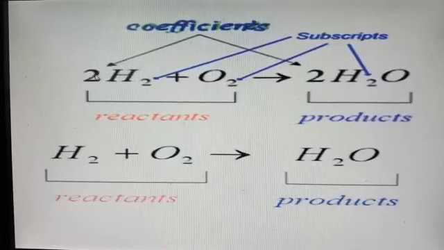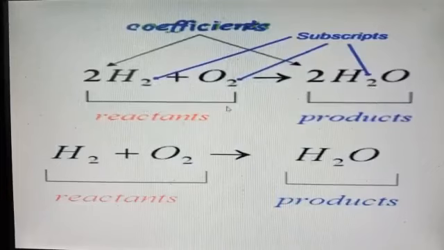So 2 molecules of hydrogen gas combine with 1 molecule of oxygen gas, where nothing written means 1, to give 2 molecules of water. And these 2s which are written on the lower side are called subscripts.